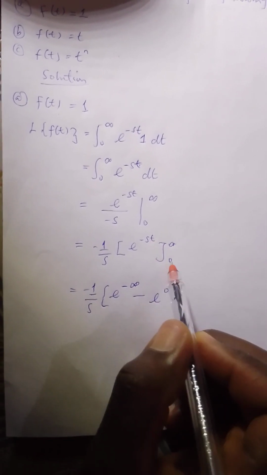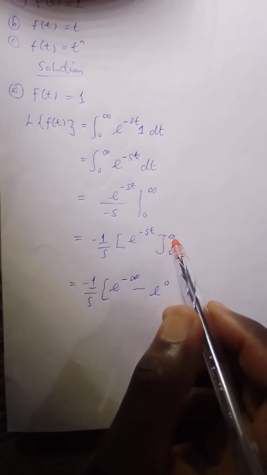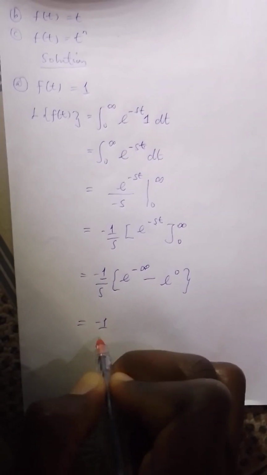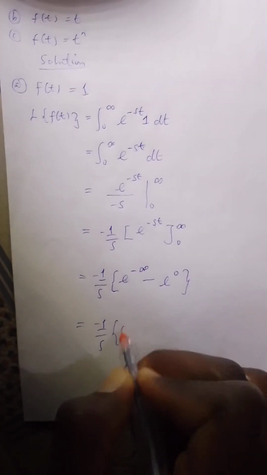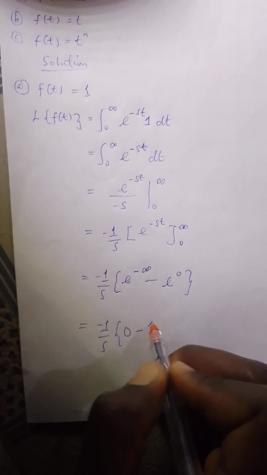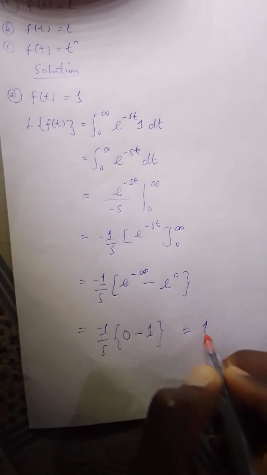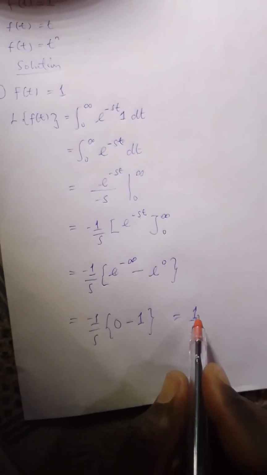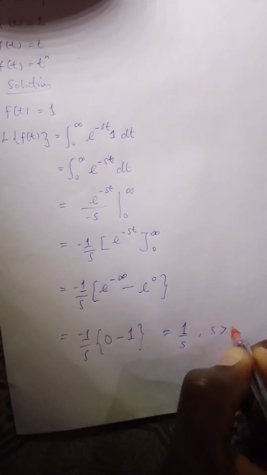Whenever you see t, you put 0, so minus s times 0 is 0, and minus s times infinity is minus infinity. Exponential negative infinity is always 0, and exponential 0 is 1. So minus times minus makes it plus. Therefore, the Laplace transform of 1 is 1 over s, provided that s is greater than 0.